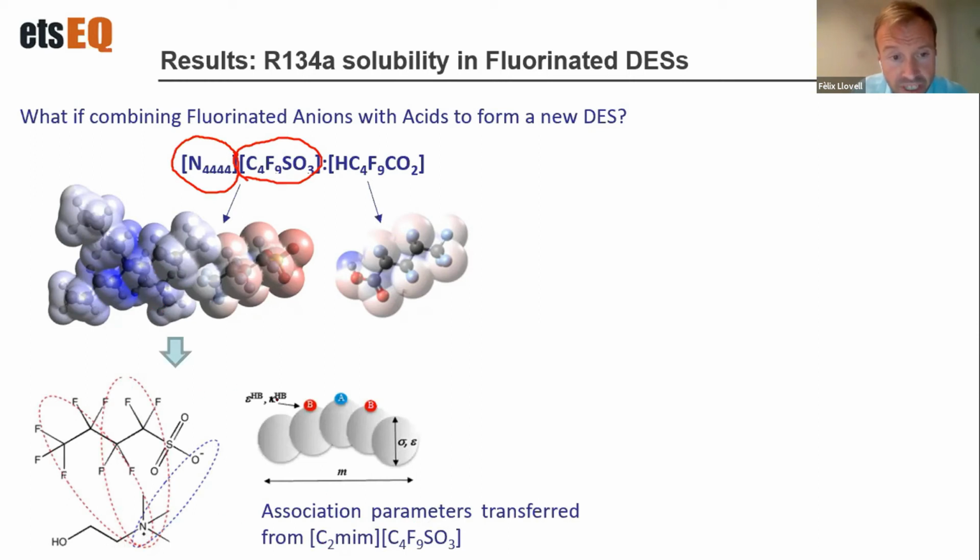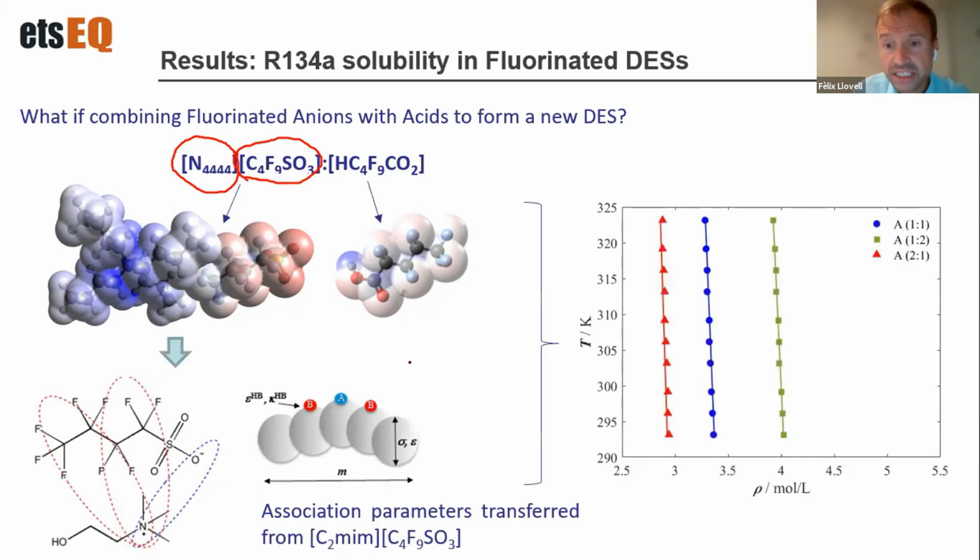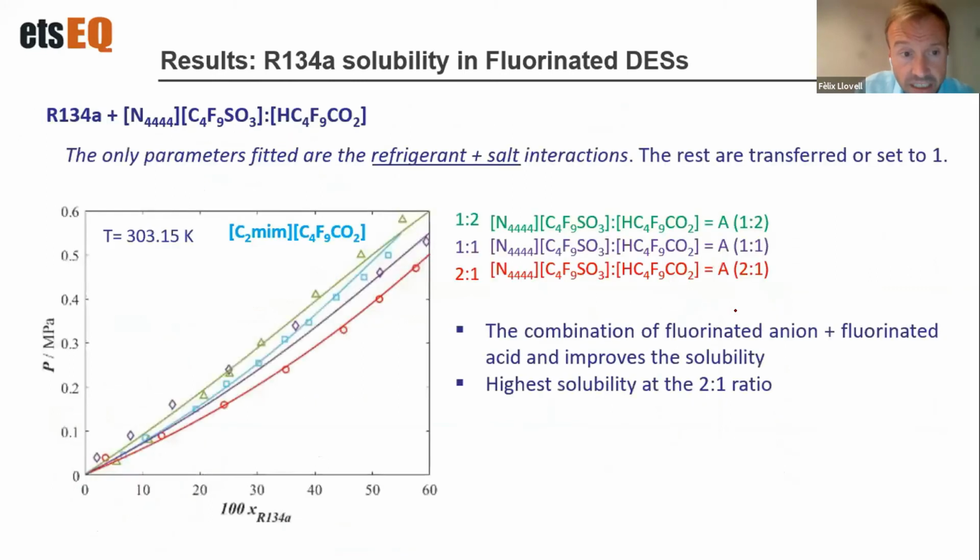We use a three-site model based on Avogadro software charge distribution calculations and previous experience. And we describe once again the pure deep eutectic solvent, getting very good results using a single set of parameters. Then we decided to repeat the calculation where again the only parameter fitted were the refrigerant salt interactions, this new salt with the refrigerant, because the rest were already transferred from the previous calculation.